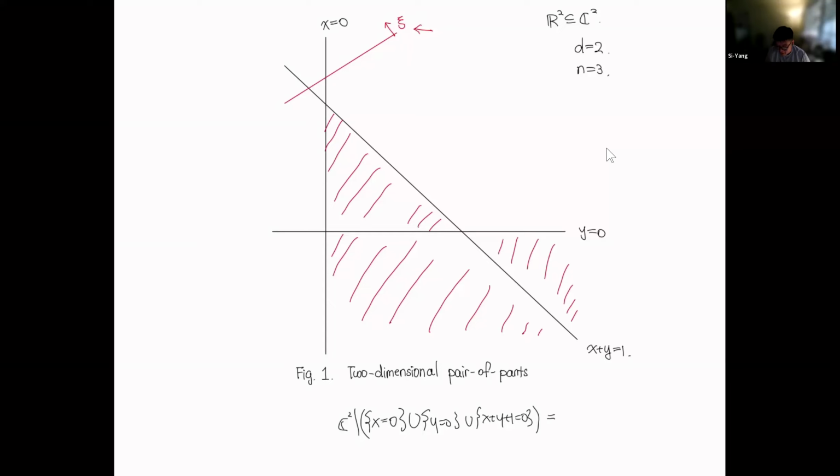We call this the generalization, the higher-dimensional pair of pants. This is the two-dimensional pair of pants, almost by definition.